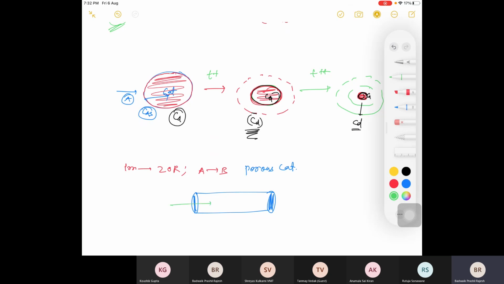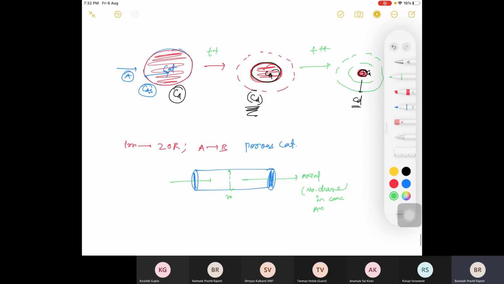So which one is axial direction? This, right? Axial direction is this. So here there is no variation of concentration, it is saying, and there is just change in this side. Means radially there is change. So I'm writing no change in concentration in axial direction.